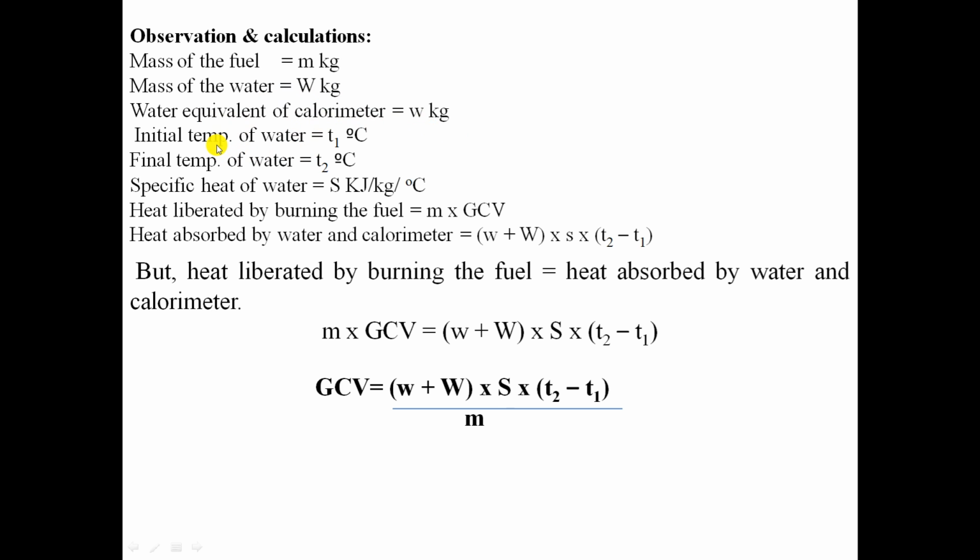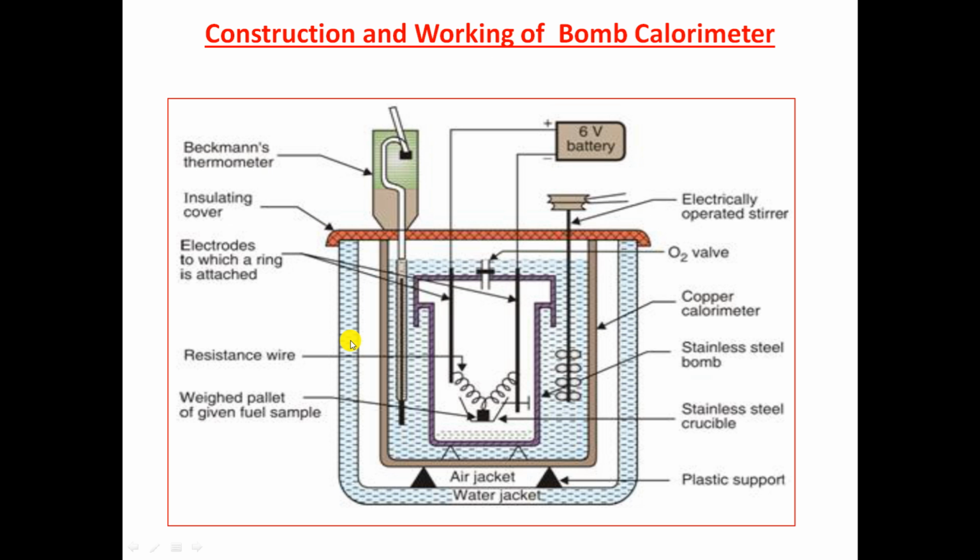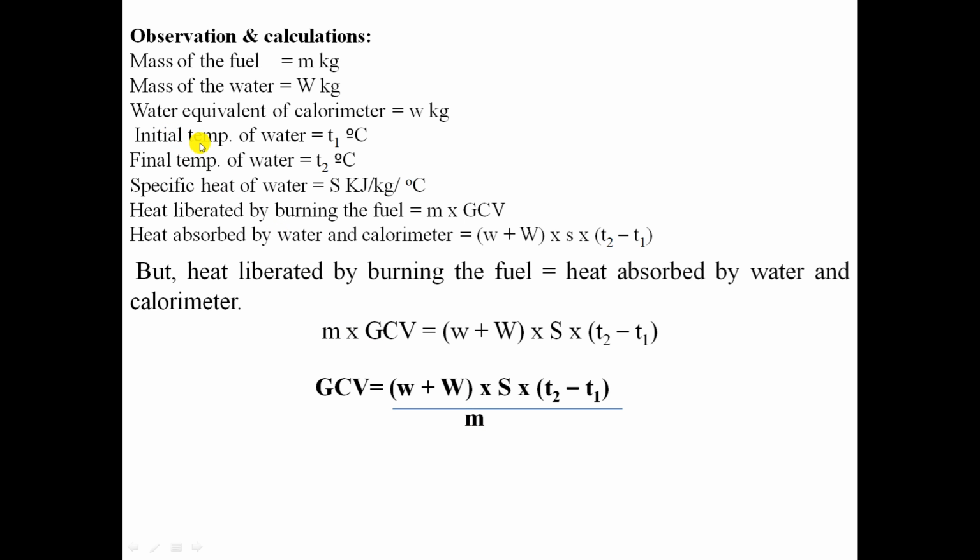So before burning of the fuel, we have to note down the initial temperature of the water. Then after the burning of the fuel, we have to note down the final temperature of the water. This initial temperature of the water is noted as T1 and final temperature of water is noted as T2.